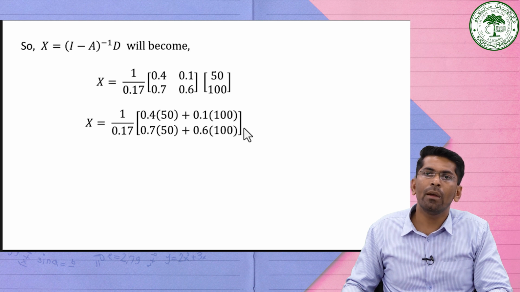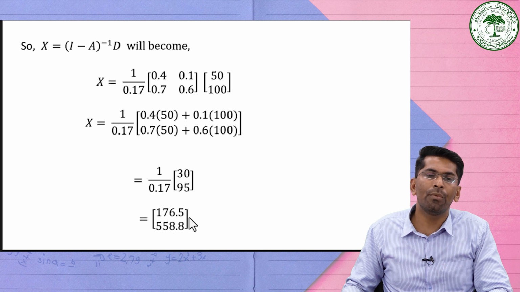So we will have a 2 by 1 matrix. We multiply 1 by 0.17 into these elements. Then it will become 1 by 0.17 into 30 and 95. If you multiply these elements, it will become 176.5 and 558.8.